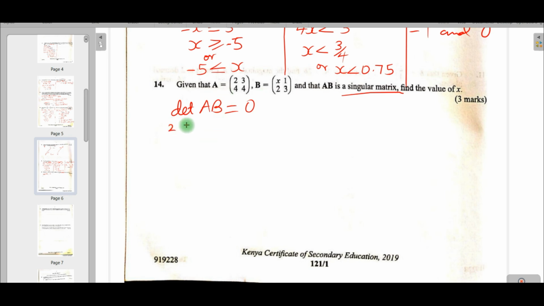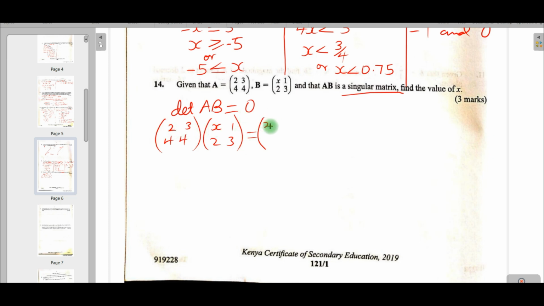So we have 2, 3, 4, 4, multiply by x, 1, 2, 3. To get the element in the first row, first column, we multiply first row, first column.